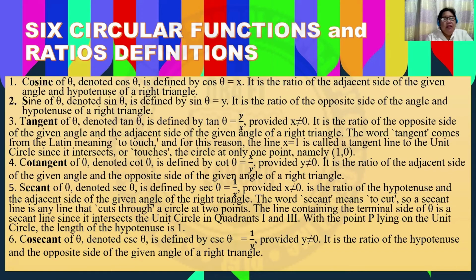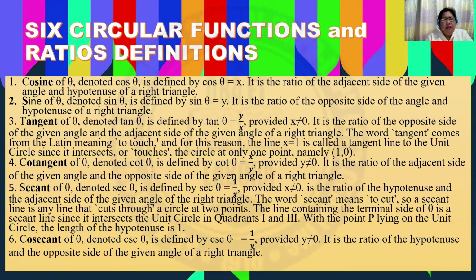Cotangent of theta, denoted by cot theta, is defined by cotangent theta is equal to x over y, provided y is not equal to 0. It is the ratio of the adjacent side of the given angle and the opposite side of the given angle of a right triangle.